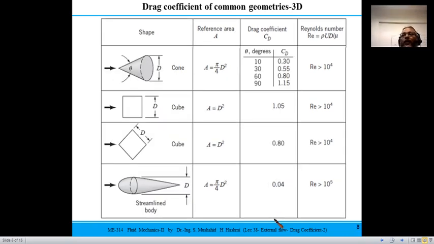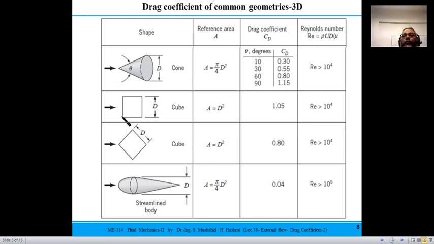And we see other geometries, like let's say the cone shape. If flow is from this direction, this is the value of the drag coefficient. If theta, this cone angle, is increasing, then your drag coefficient is changing.